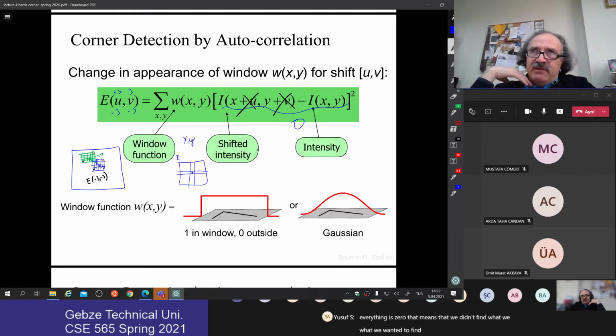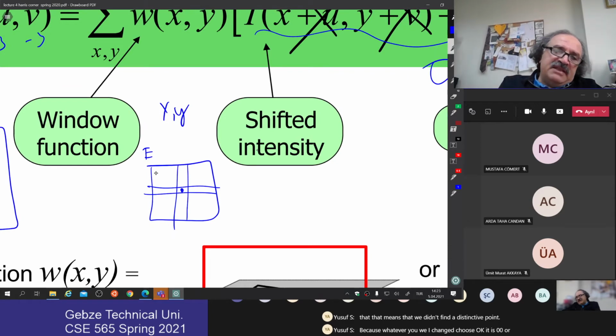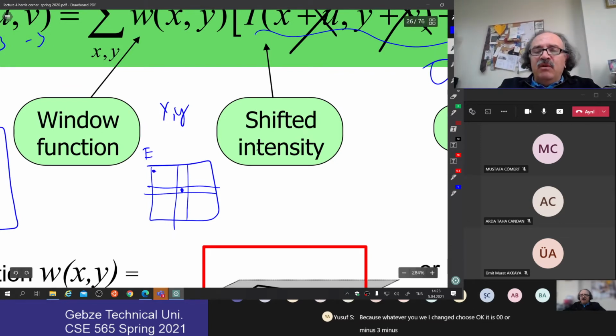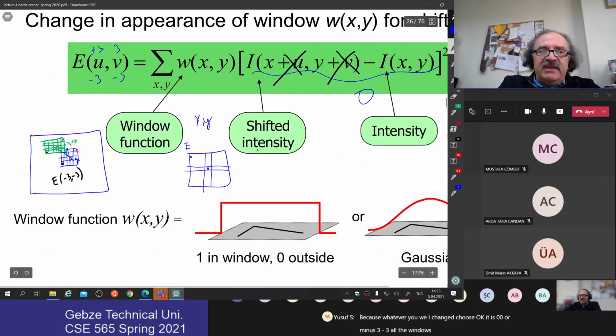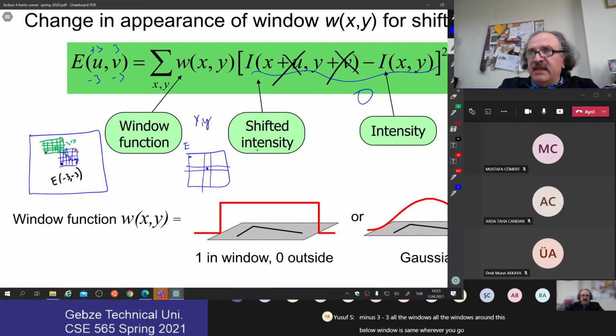If everything is 0, that means that we didn't find a distinctive point. Because whatever UV I choose, okay, it is 0, 0 or minus 3, minus 3, all the windows around this blue window are the same. Wherever you go, I get the same results when I do the comparison, right?